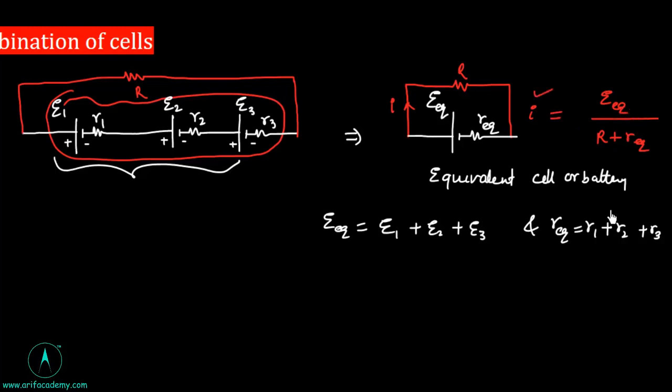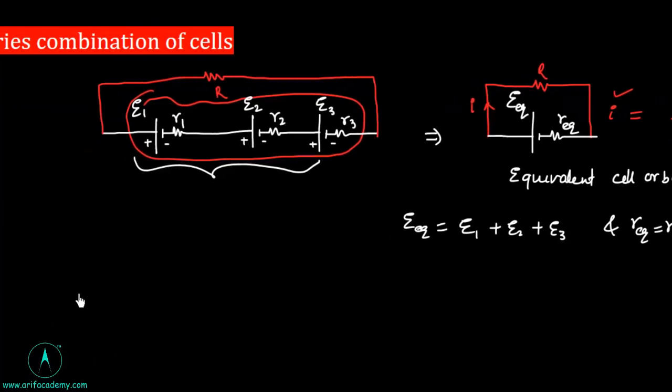If the polarity of any cell is reversed, suppose the first cell is this, the second is this, and the third is reversed.